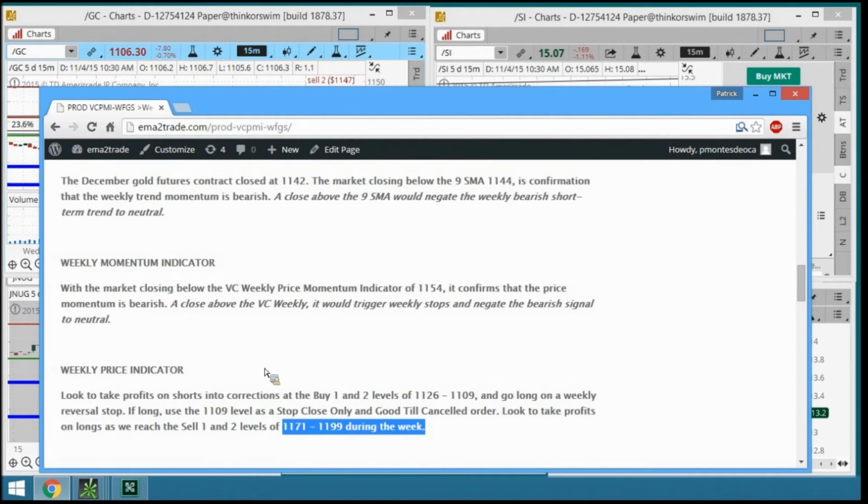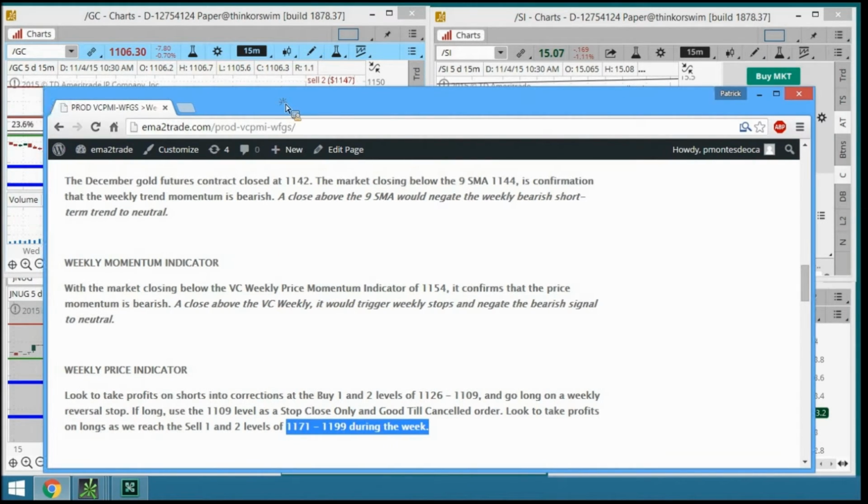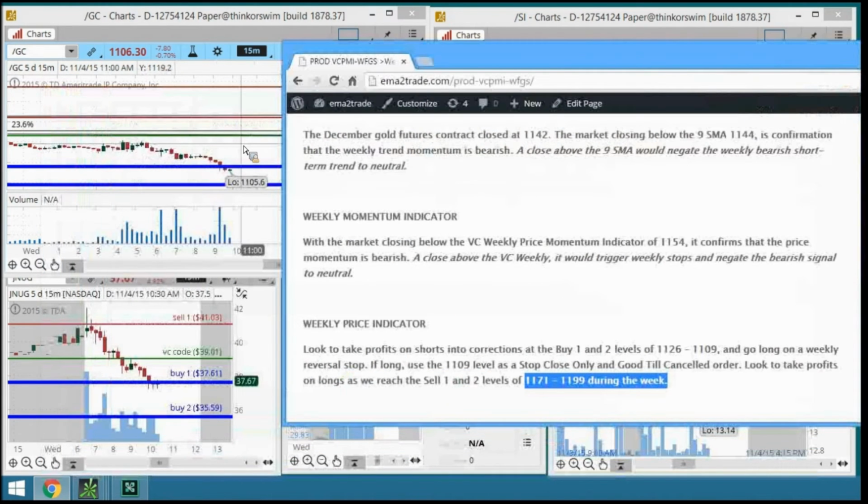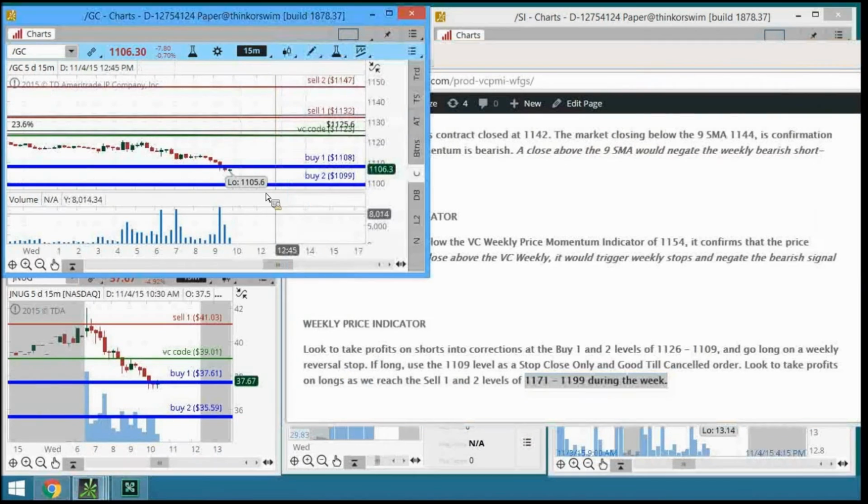Now, what I want to point out to you in the gold market is where we are right now on the day algorithms. The last is 1106.40. The buy one level is 1108 to 1099.